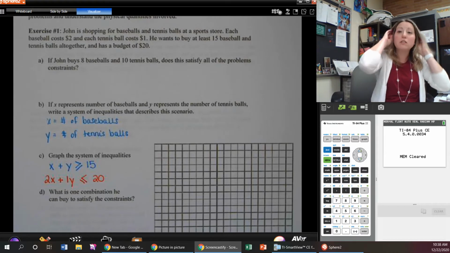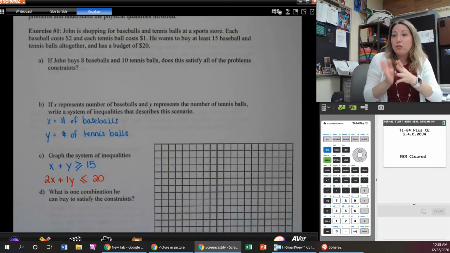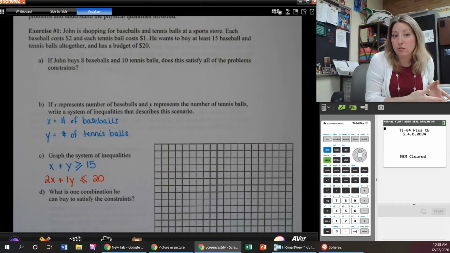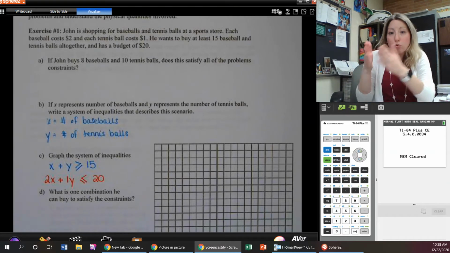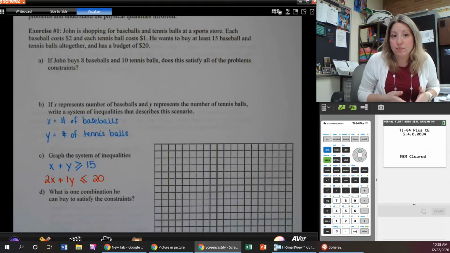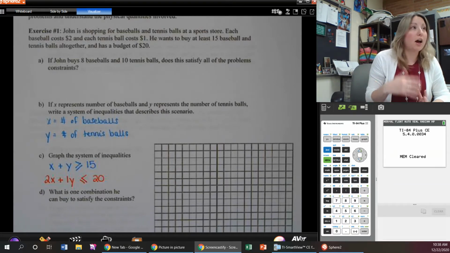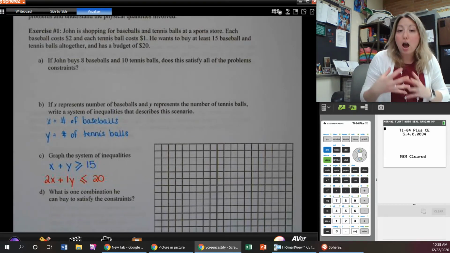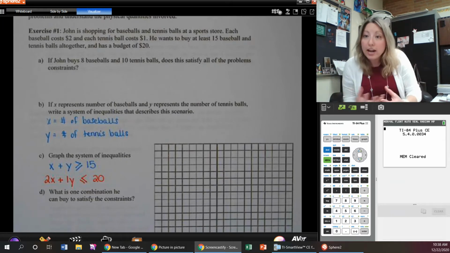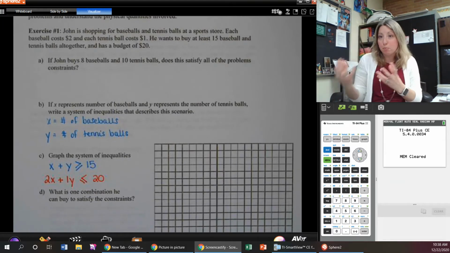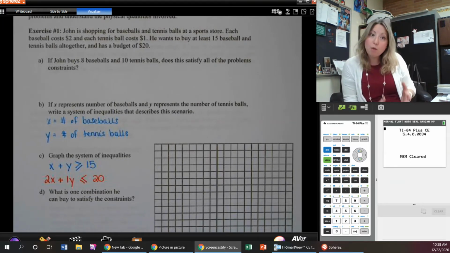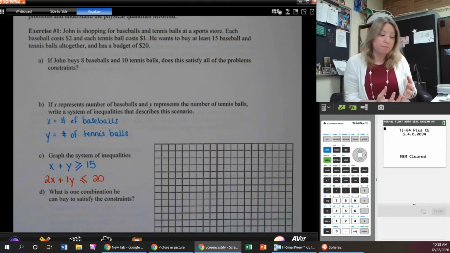Okay, so we need to somehow get 15 or more baseballs and tennis balls with 20 or less dollars. That's why we do inequalities here and not just equations. I don't care where they intersect. I care where this shaded region is because there's multiple answers that will help John in this scenario.